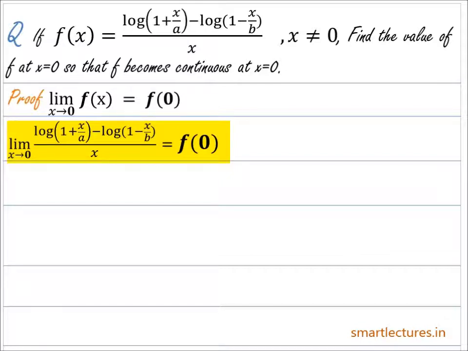And in the previous classes, in the lesson on limits, you have already learned that the limit of the difference of two functions is equal to the difference of their individual limits.